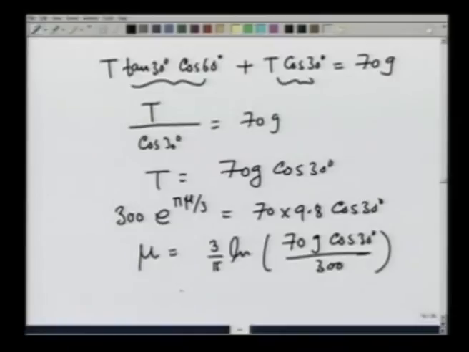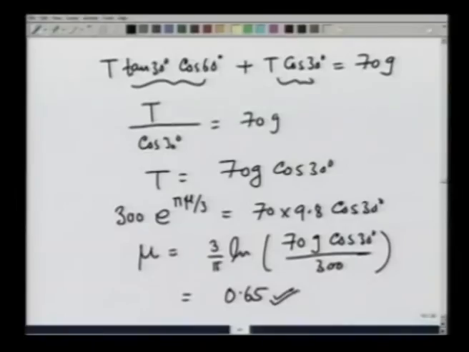You calculate this number and this comes out to be 0.65, and therefore, with this 300 newtons, when a 70 kilogram mountaineer can slowly go down as if he is in equilibrium, the coefficient of friction between the rope and the mountain top is 0.65.